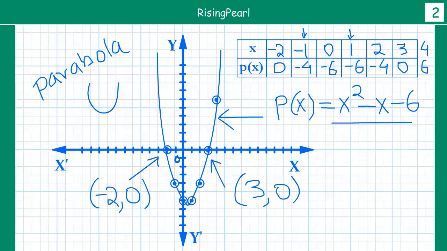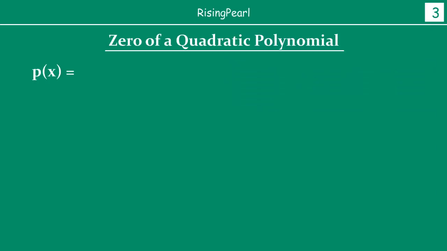Now let's do one thing. Let's get back to our polynomial, and this time let's write our polynomial again, x squared minus x minus 6. And this time we are going to find the 0 of this quadratic polynomial. I think it was webisode number 3 where I showed you how to find the 0 of a linear polynomial.